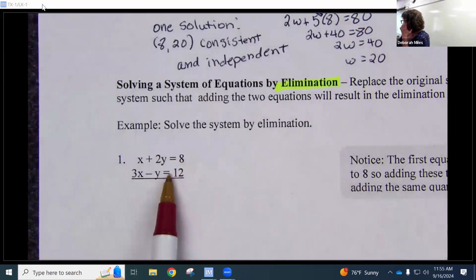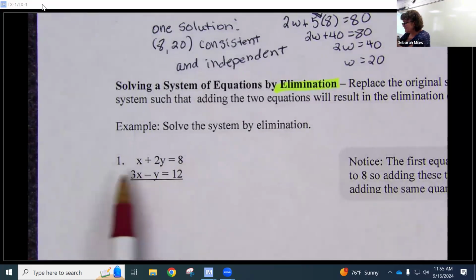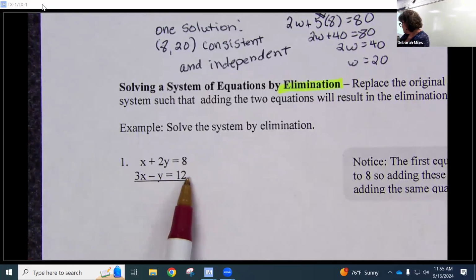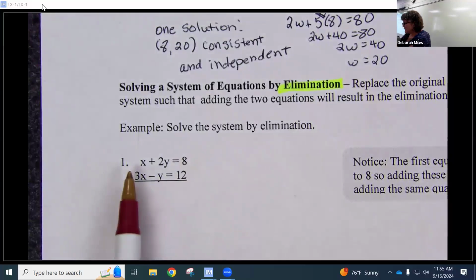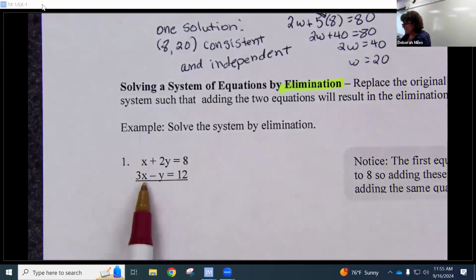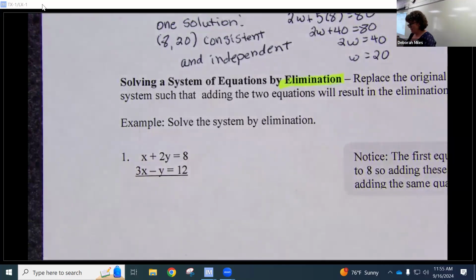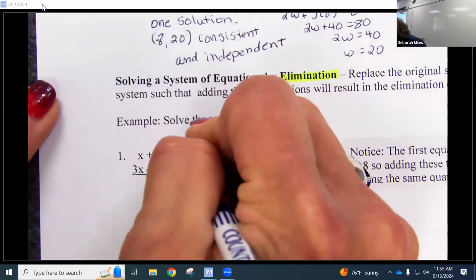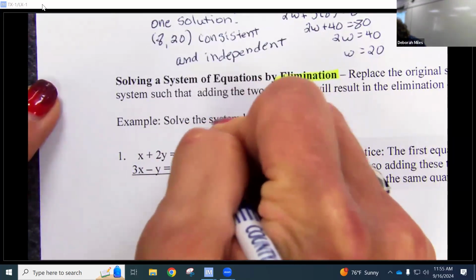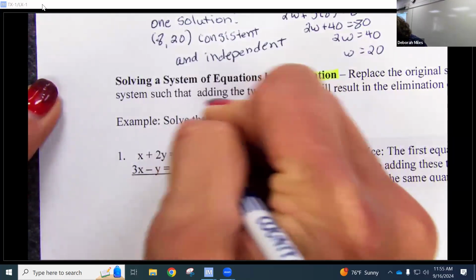Multiplying, is that a legal thing to do? Can I multiply both sides of this first equation by 3? Yeah, that's legal. My next question is, do 3X and 3X eliminate? Oh, multiply by -3. You're absolutely right. I'm going to multiply that top equation by -3.